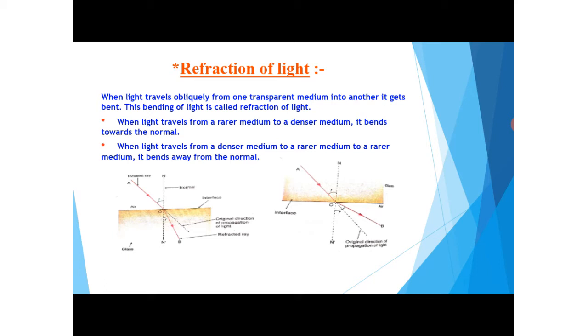But if the light ray has to interact with a large number of particles, then because of that interaction it slows down. When the light slows down, it does not keep its original direction and is bent towards the normal, being slowed down by the particles.